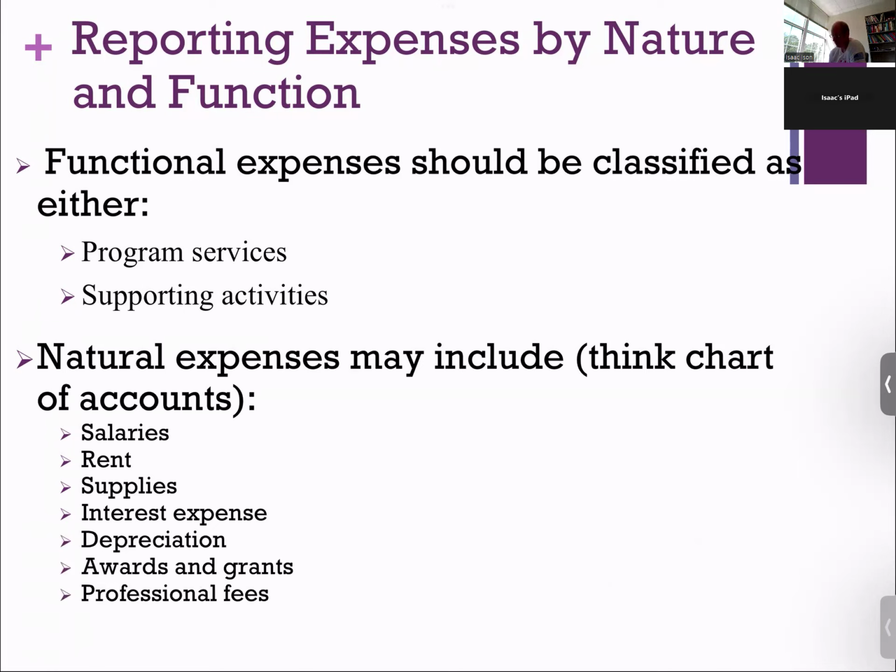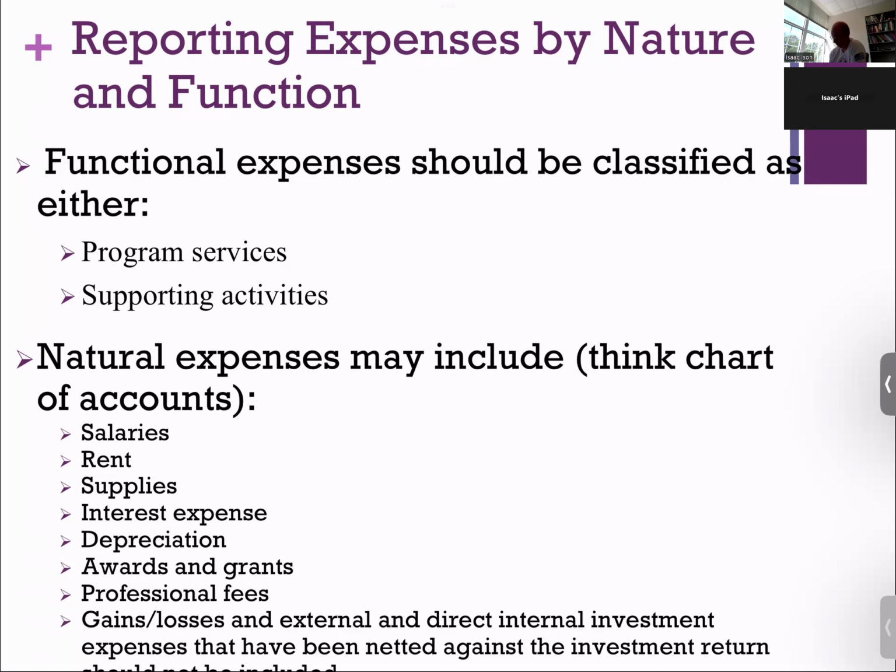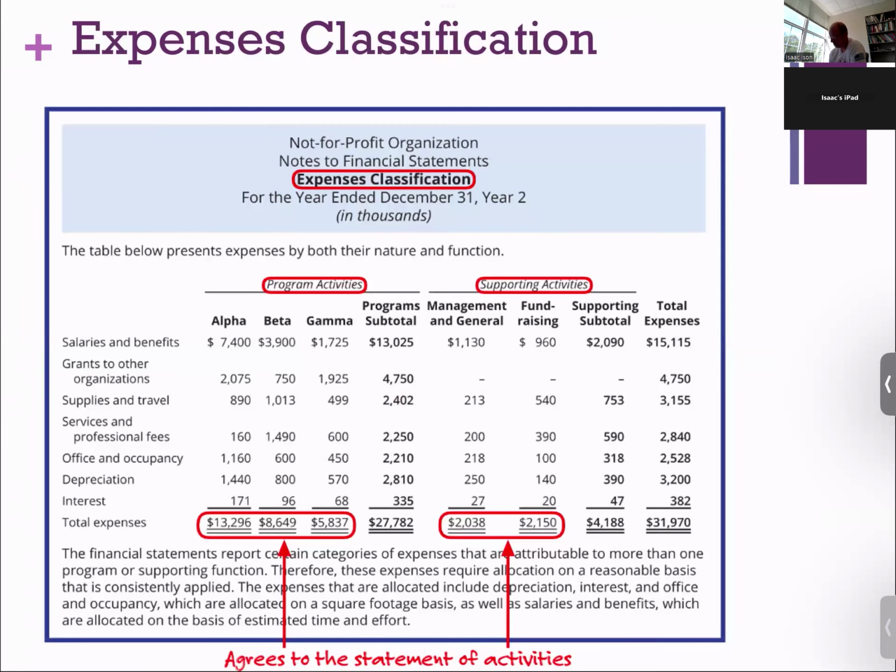Basically, that's what this other possible financial statement, or in the notes as a schedule, is doing. It shows what is program services, what is supporting activities, and then the natural classification. Okay, and so here's an example of that.